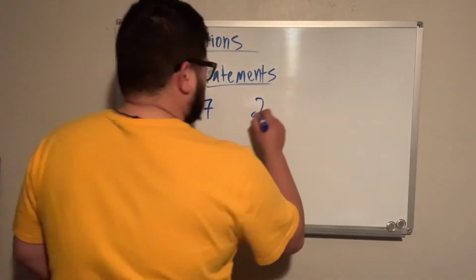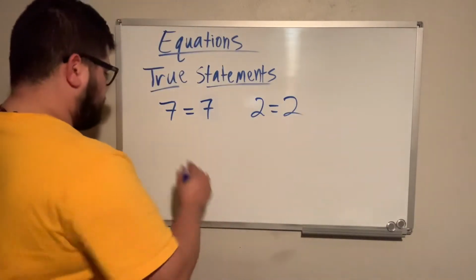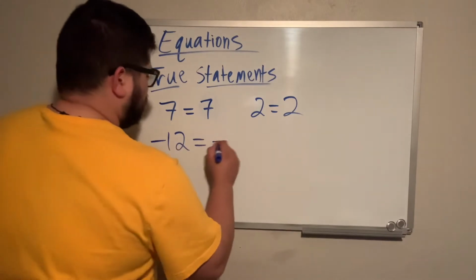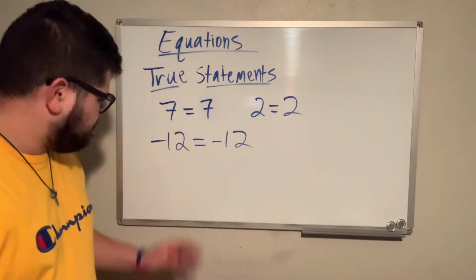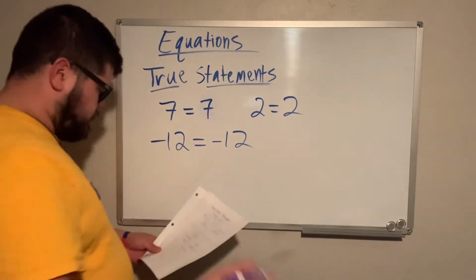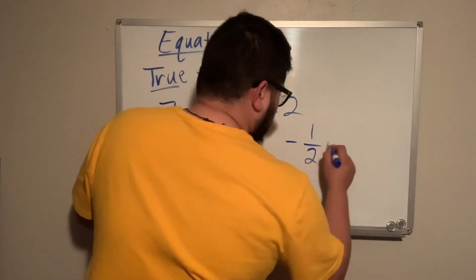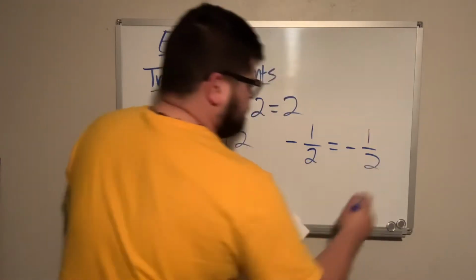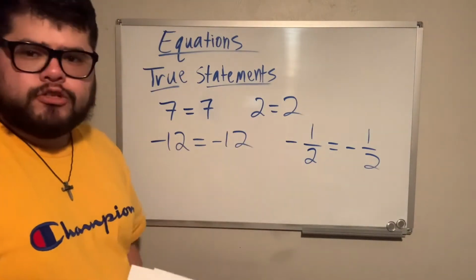Does 2 equal 2? Yes. Does negative 12 equal negative 12? Yeah, it does. Does negative 1/2 equal negative 1/2? Is that a true statement? Yeah, all four of these are true statements.